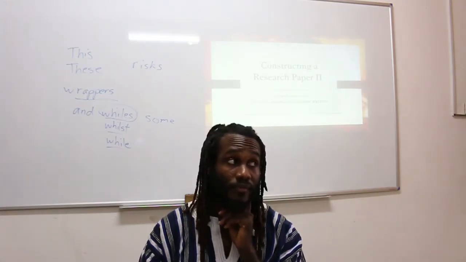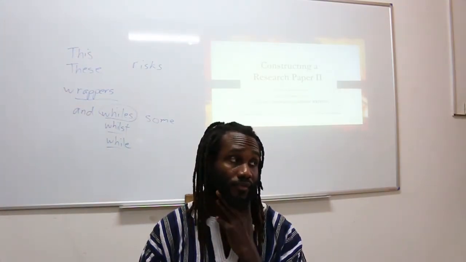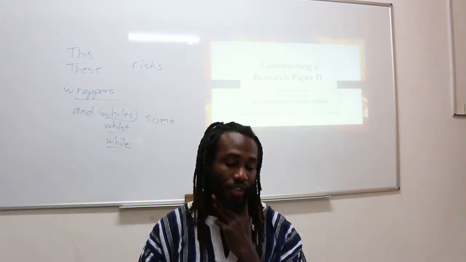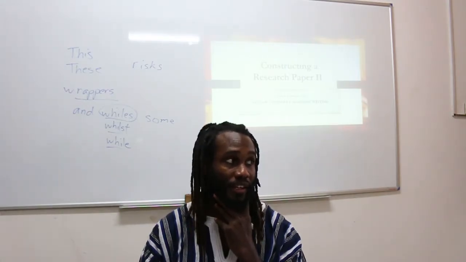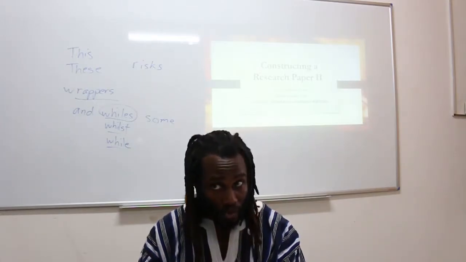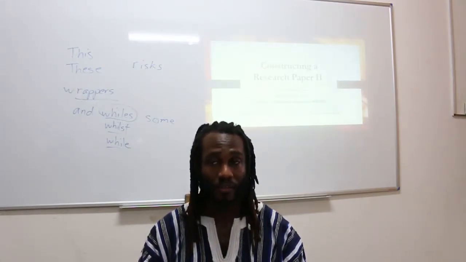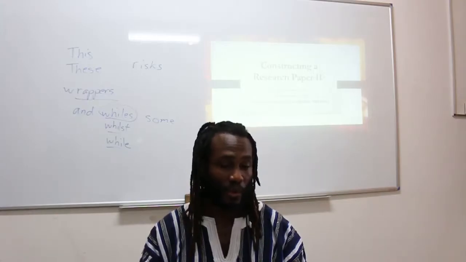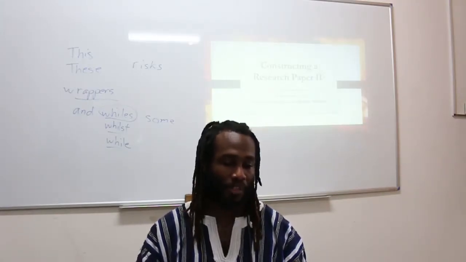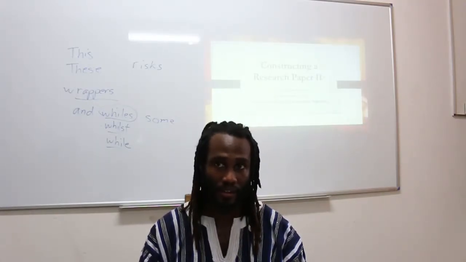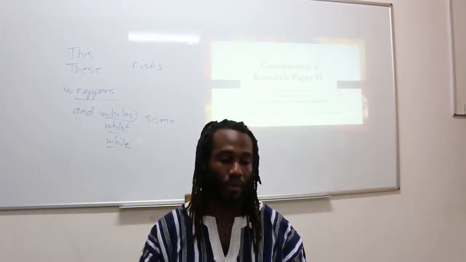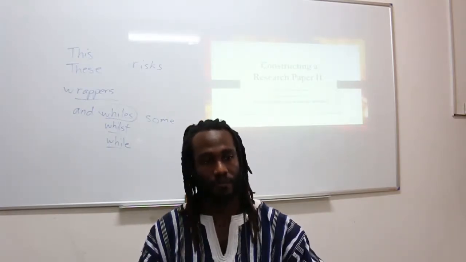There's a word that's missing. To enable them to operate, right? So the to is missing. So you can't say to enable them operate efficiently. That doesn't go. So to enable them to operate efficiently.